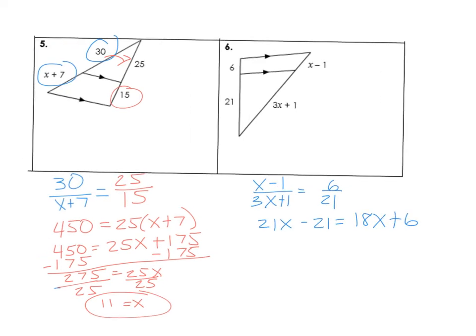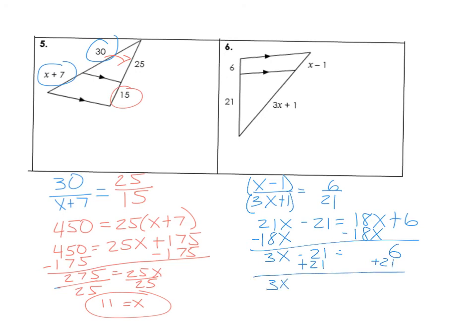So I distributed to this and that. Minus 18x. 3x minus 21 equals 6. Add 21. 3x equals 27. So we end up with 9. And we're done.